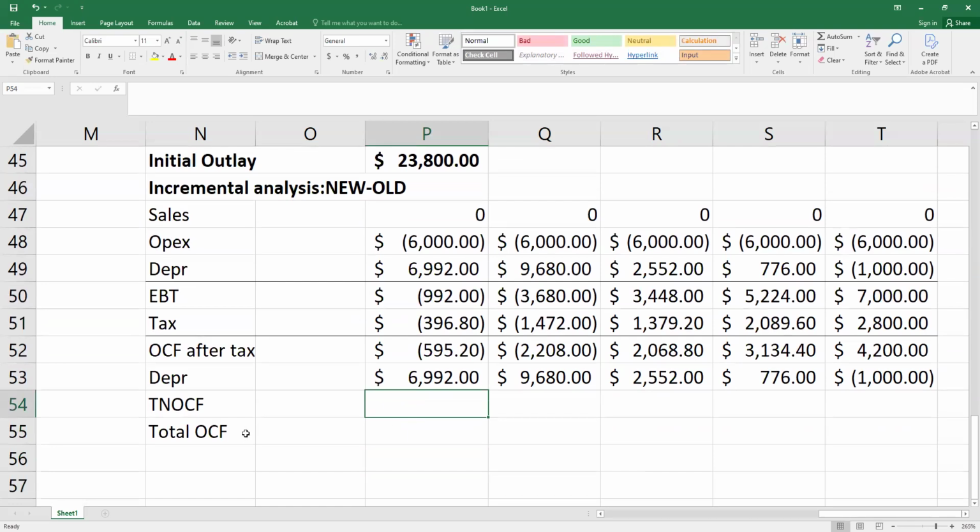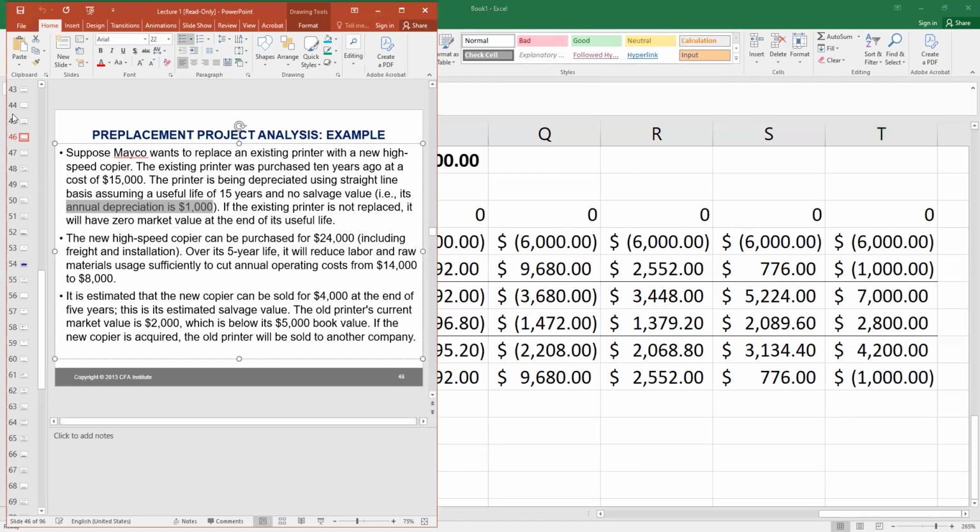Okay, terminal non-operational cash flow. That's another challenge, another issue that we need to worry about. It's really a bit critical. Again, I'm going to bring the formula here of this terminal non-operational cash flow.